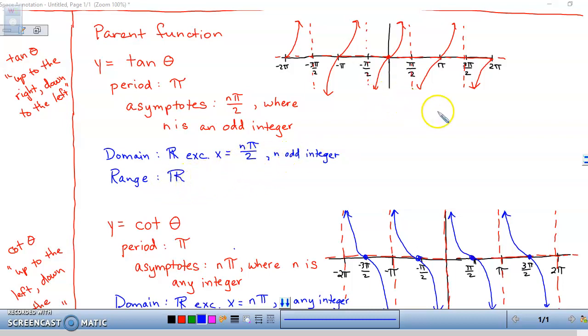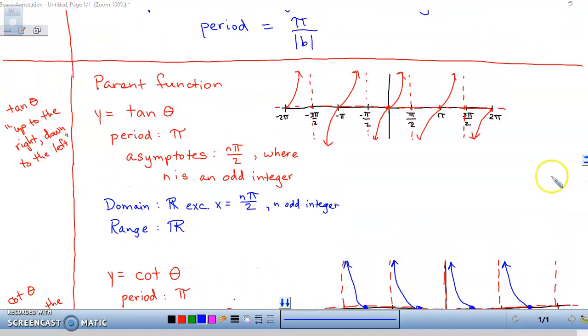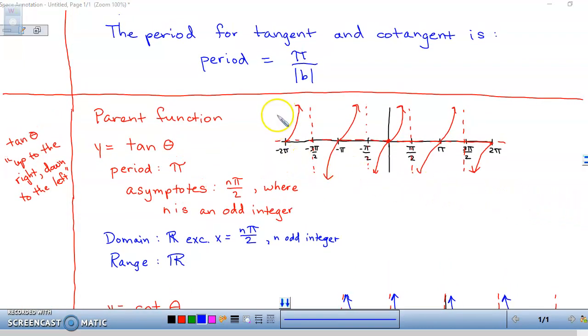And if you look at the graph that I have pictured here, you'll notice that at all of the odd pi over 2 locations, we have asymptotes denoted in red. Our midline is on the x-axis.